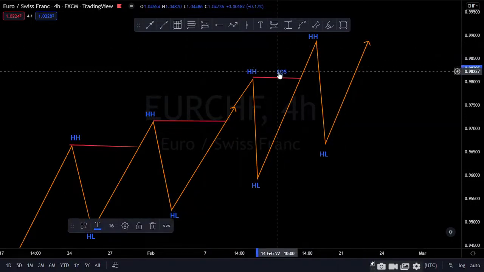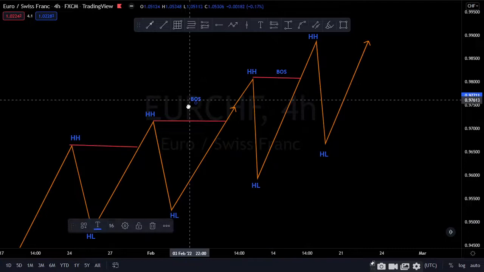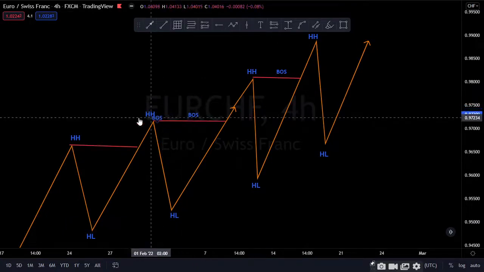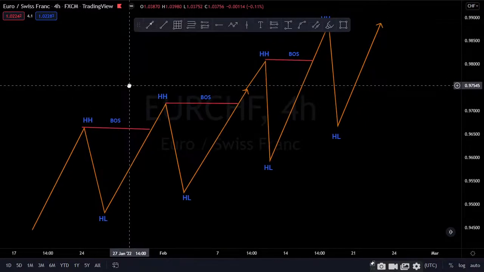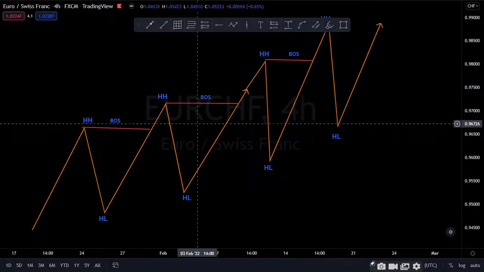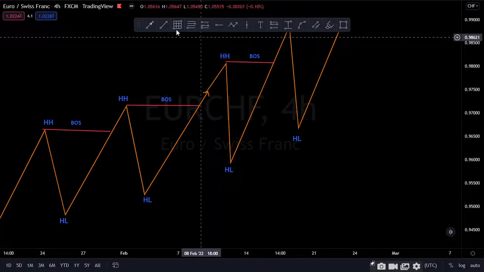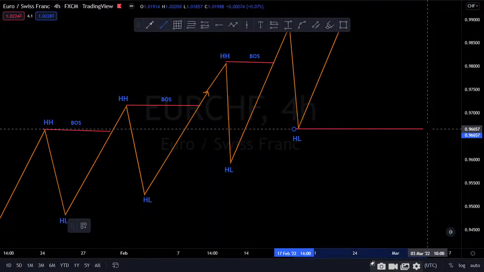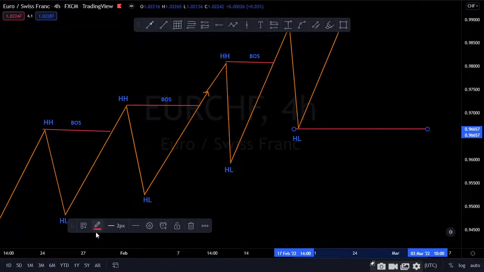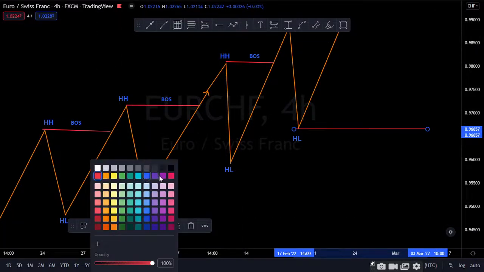This is a BOS, this is a BOS. They are called break of market structure. And this is the most important thing. Let me make it a different color so that you can see it. Let me make it white.